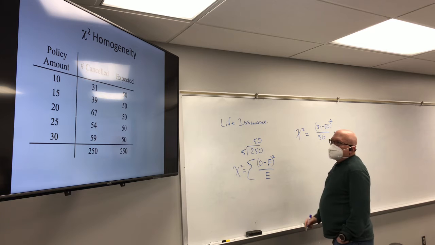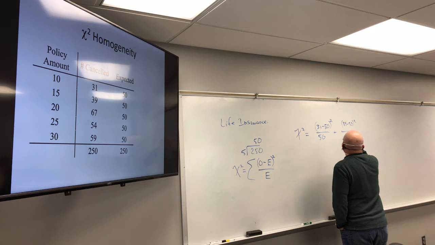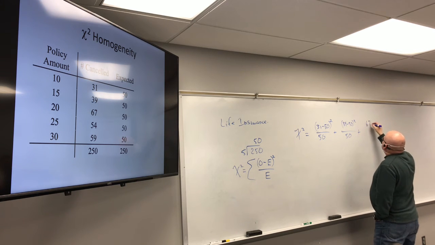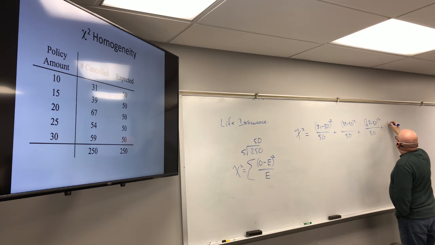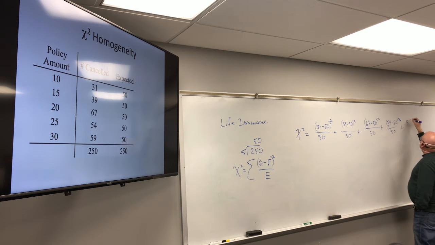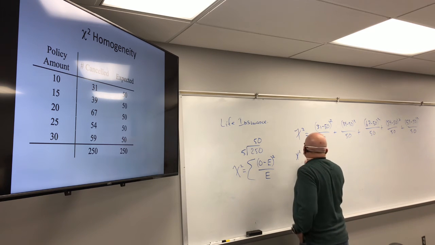Then we would add to that 39 minus 50 squared divided by 50. Add to that 67 minus 50 squared divided by 50, plus 54 minus 50 squared divided by 50, plus 59 minus 50 squared divided by 50. And add that all up, and this is the chi-square statistic.